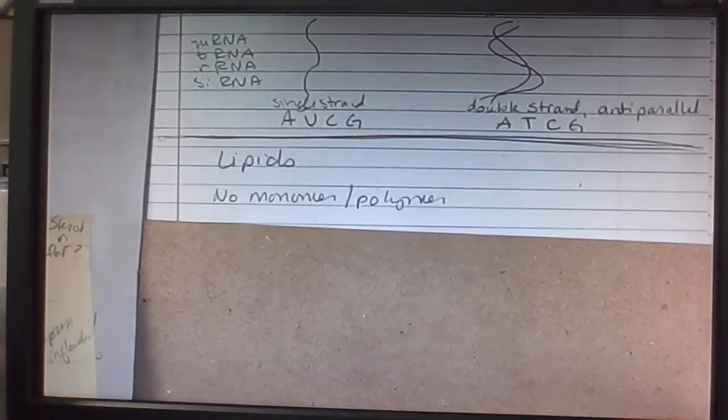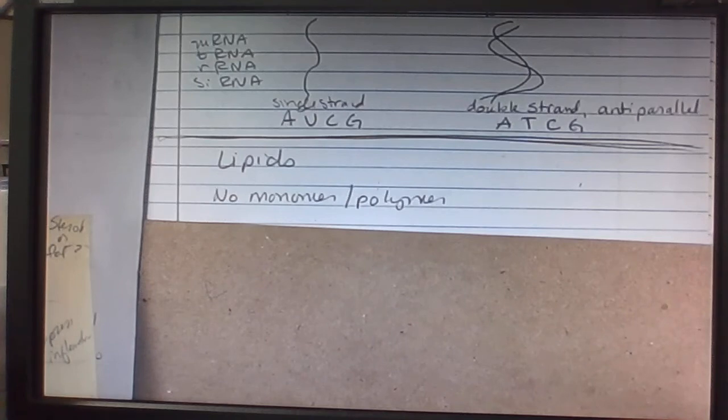No, no, no. That is the bond. You were correct in saying that. That's not the monomer. So monomer we said was a single unit. So what was the name we gave to the single unit for a carbohydrate? Glucose is an example of it. What was the name? Monosaccharide is the name because glucose is an example of a monosaccharide.